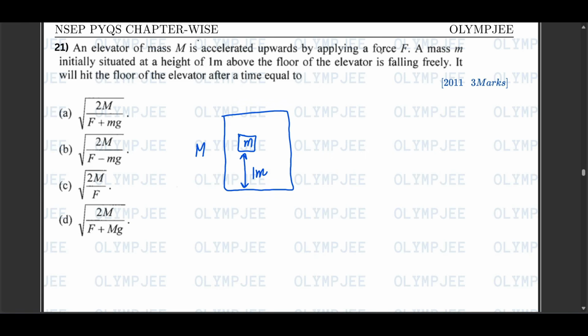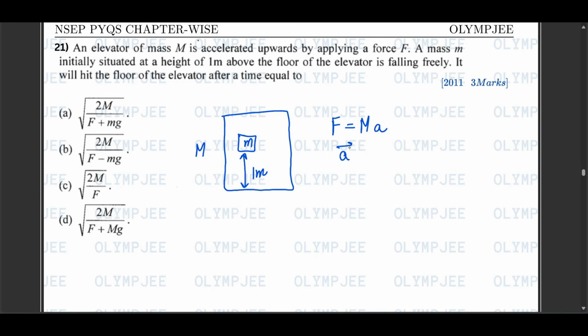So here we have to assume the F as the total upwards force, right? Not F minus mg. The total upward force is given here, which is F, because it is written that it is accelerated upwards by applying a force F. So we will assume that F is equal to Ma, not F minus Mg is equal to Ma.